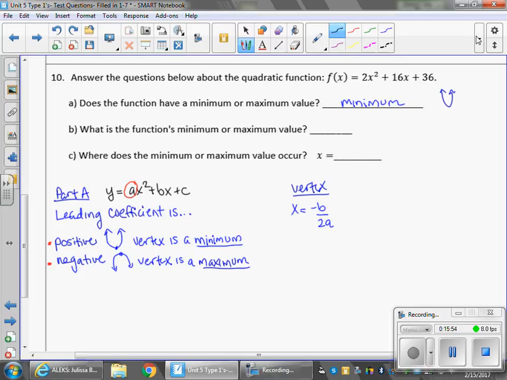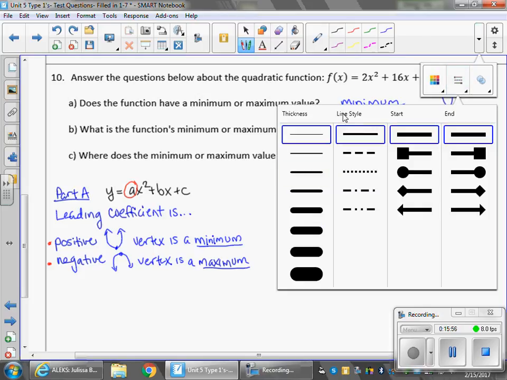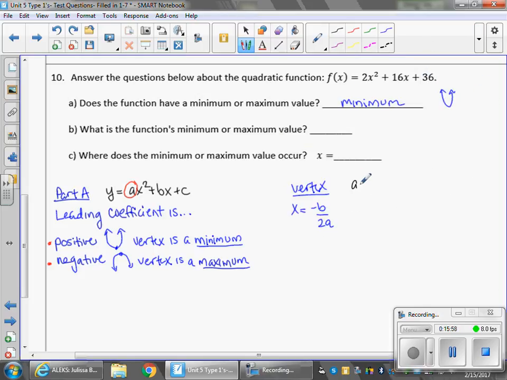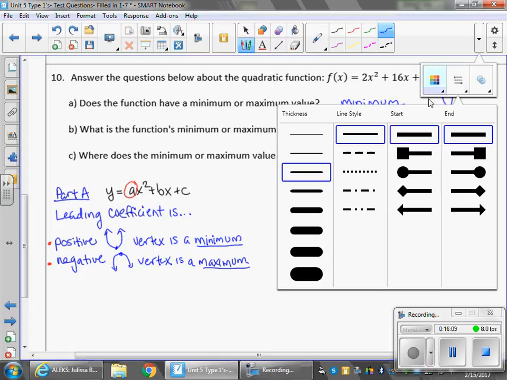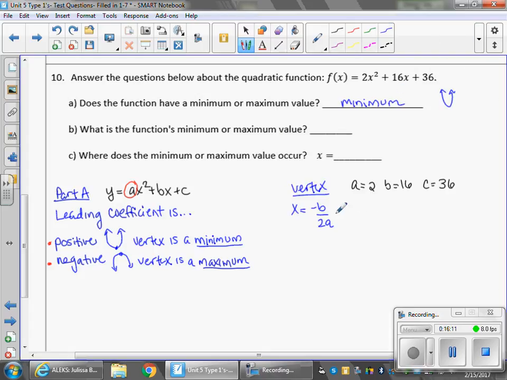Looking at this function, I know a equals 2, b equals 16, and c equals 36. So let's plug that in. That's going to be negative 16 over 2a, negative 16 over 4. So the x-coordinate is negative 4.